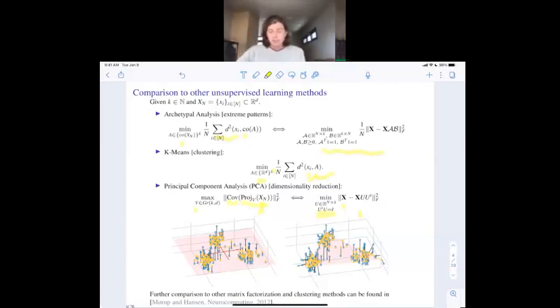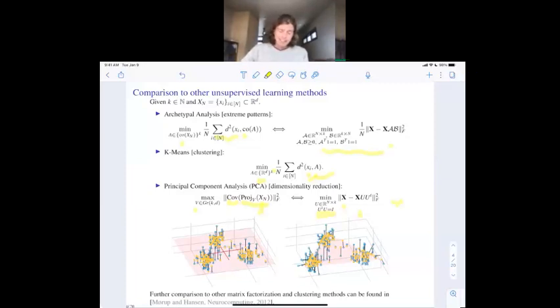And so if you look at the algebraic formulation of archetypal analysis and PCA, these are very similar, right? I just have different constraints on this matrix that I'm trying to use to factorize X. And geometrically, I can also compare archetypal analysis and PCA.